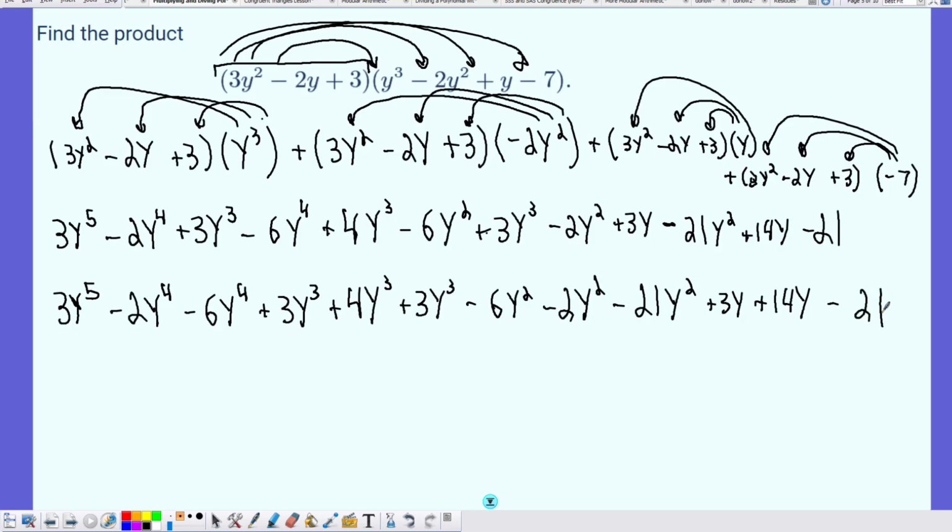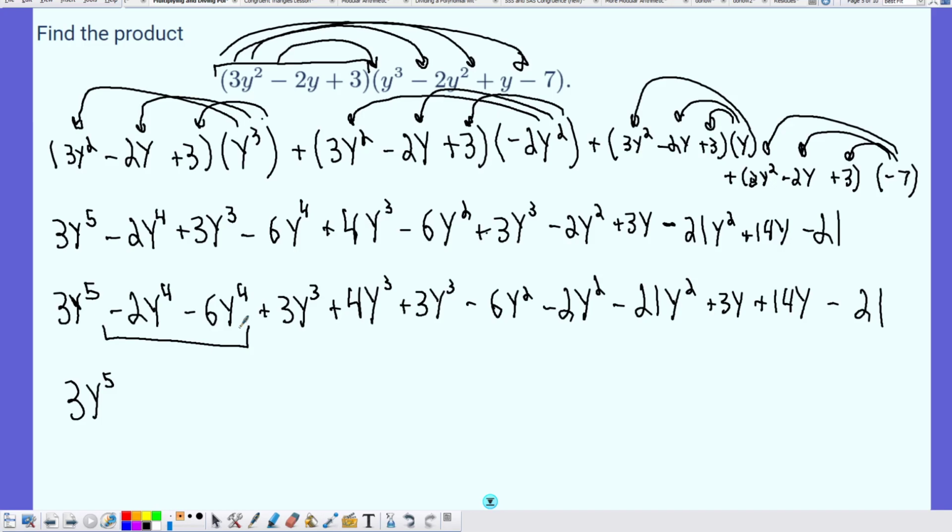Now the reason I do this is because it allows me to easily combine my like terms. There's no other like terms with 3y to the fifth, so that remains 3y to the fifth power. Now I want to combine negative 2y to the fourth minus 6y to the fourth.